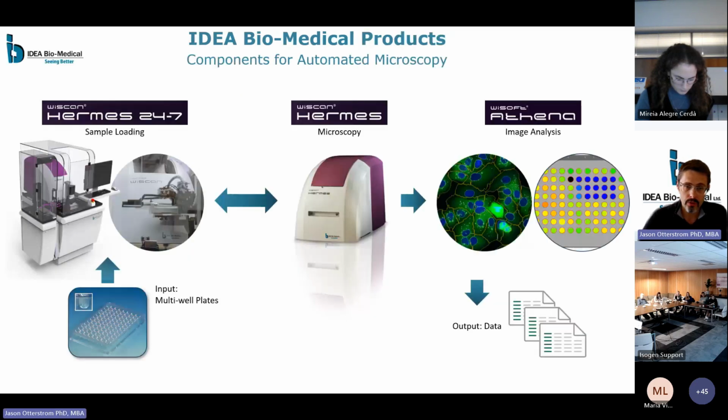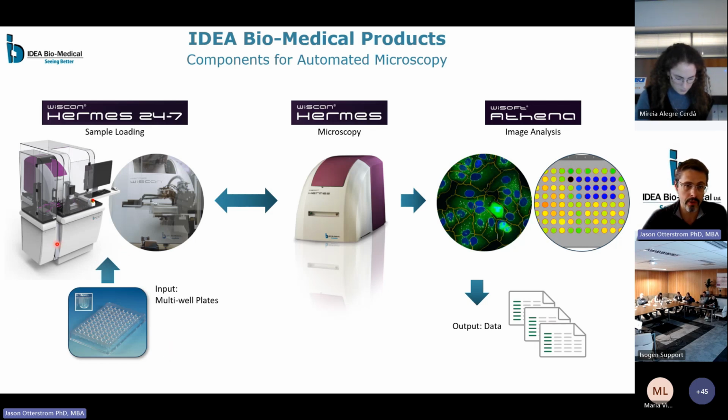So we offer basically a workflow solution, as was pointed out in Professor Debin's nice presentation before, the whole workflow for automating the work with biological samples in multi-well plates. What we take in is a multi-well plate, such as a 96 well plate, round bottom, flat bottom, whichever you'd like.